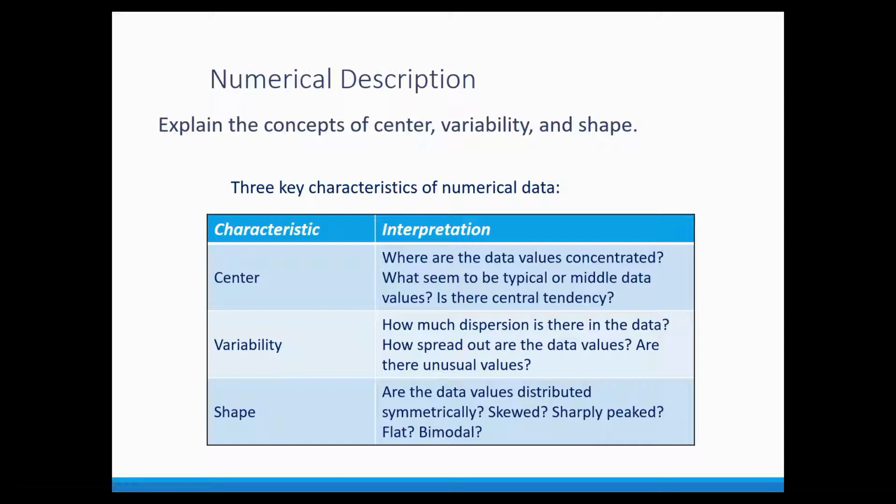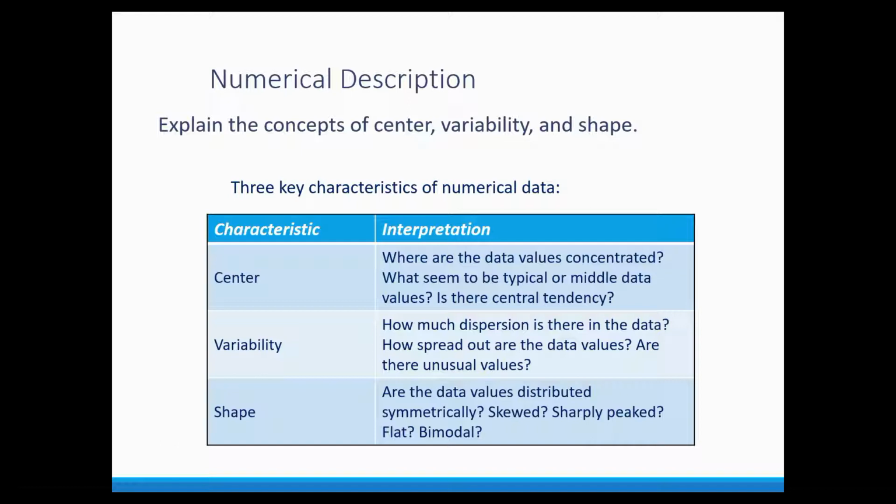So the shape depends on how the data are distributed around the values and around the mean, and how they are dispersed. Where is the concentration of the observations?